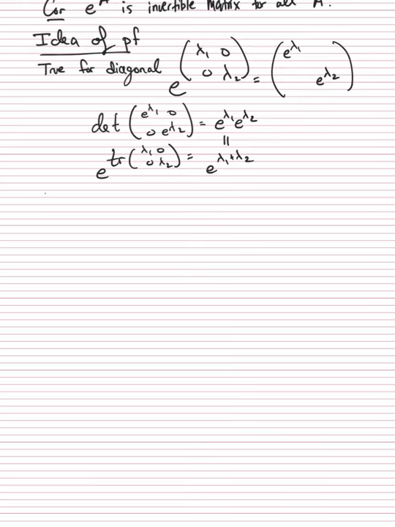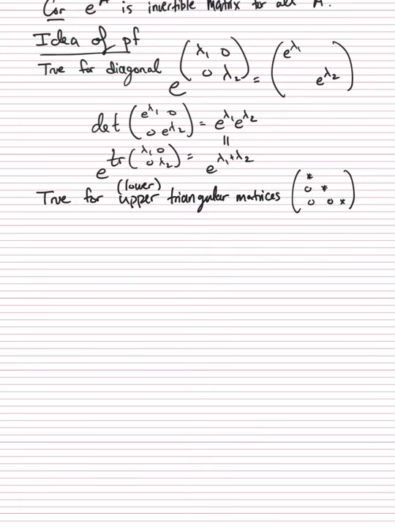So now you can also see that this is also true for upper triangular. The proof is exactly the same. Okay, or actually you can just say or lower triangular. Okay, so what happens if you take an upper triangular matrix, maybe I'll do the 3 by 3 case. If you start raising this matrix to powers, the things that you'll see in the diagonal are just the powers of the diagonal terms.